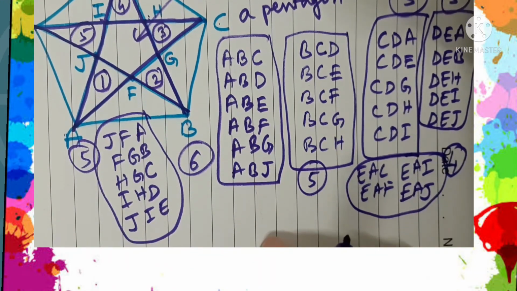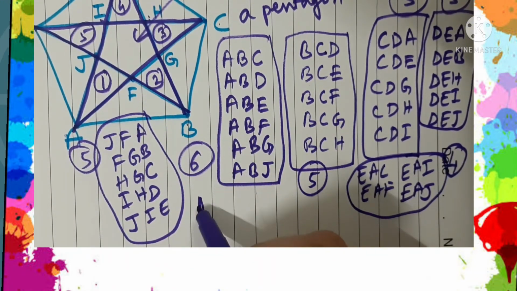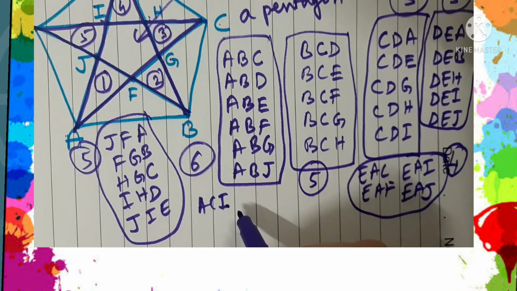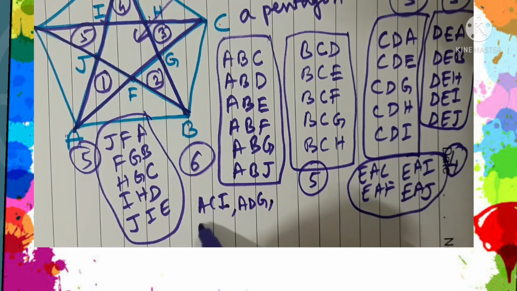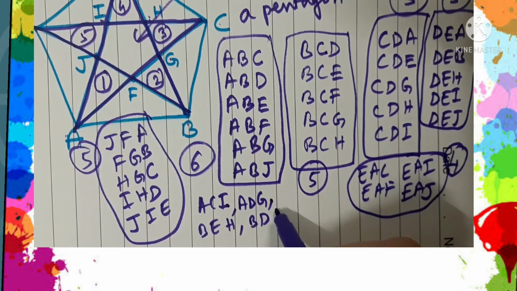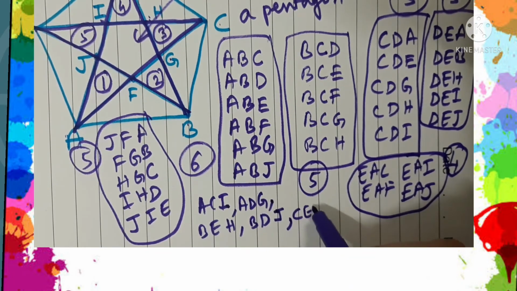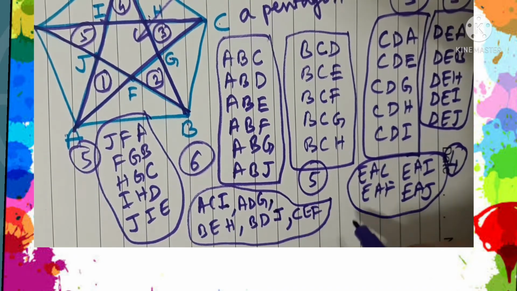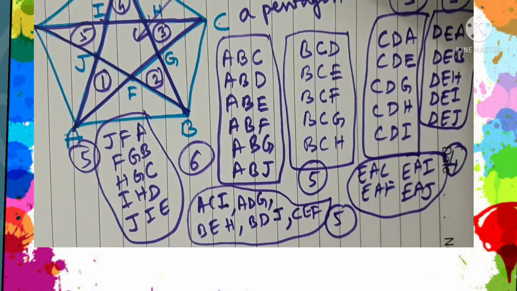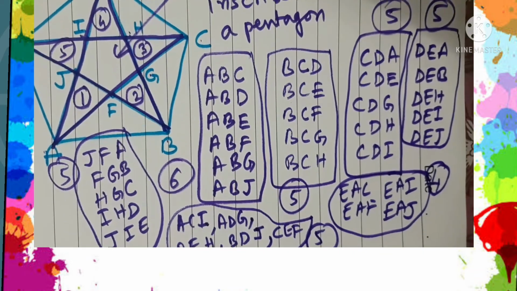Let us write it down. We write ACI, and we see ADG, then BEH, then BDJ, and CEF. I hope you are observing. So we get 5 more triangles. So we can easily count. I think all have been covered now.